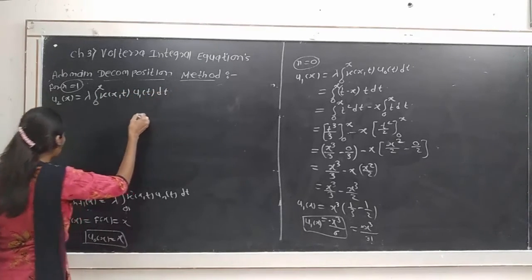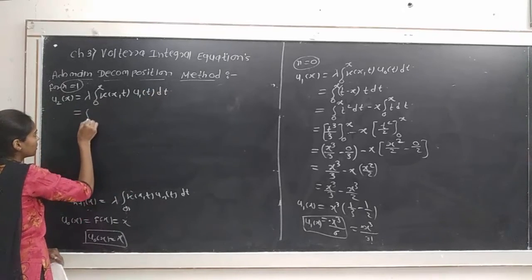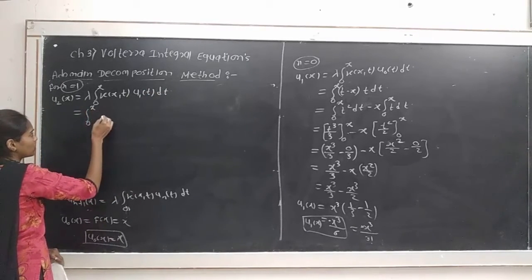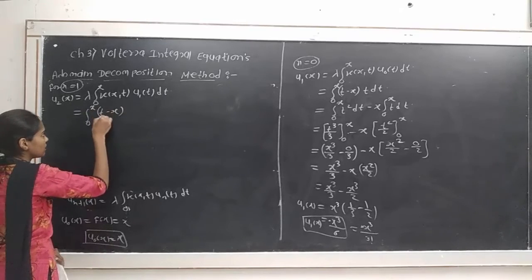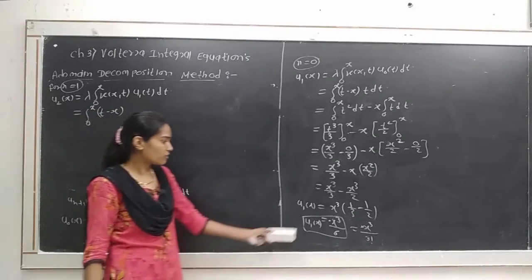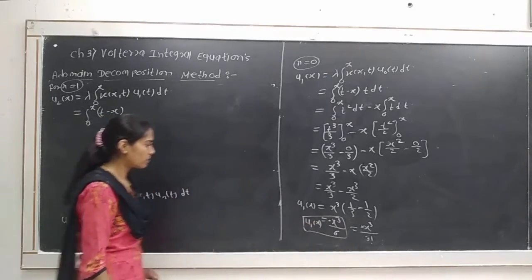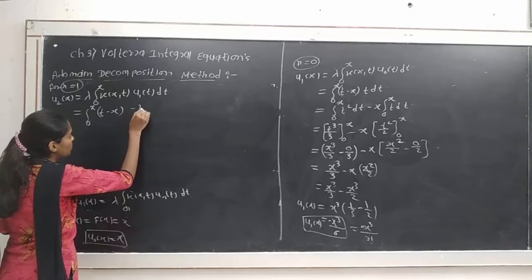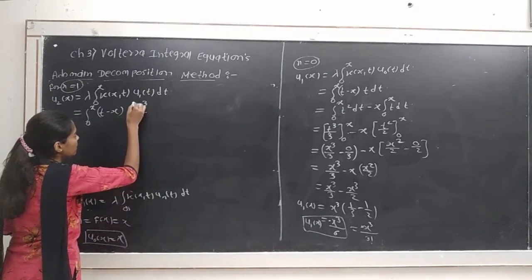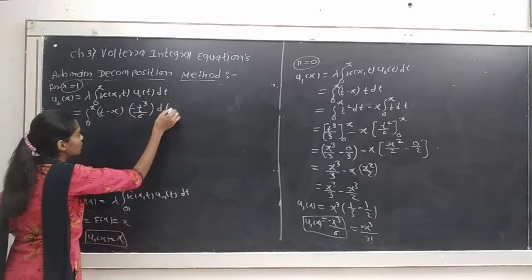Putting the values, lambda is 1, K of x,t is t minus x, and u1 of t is minus t cubed divided by 6, into dt.